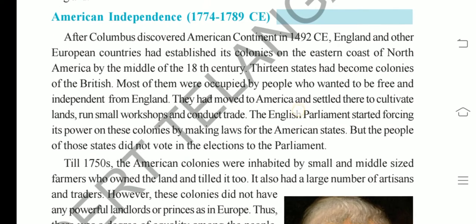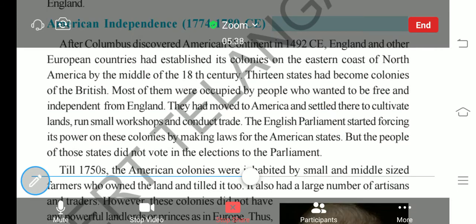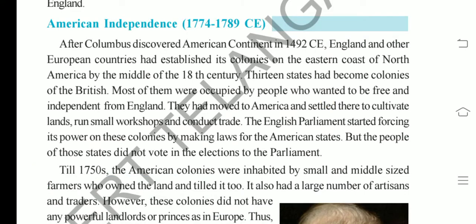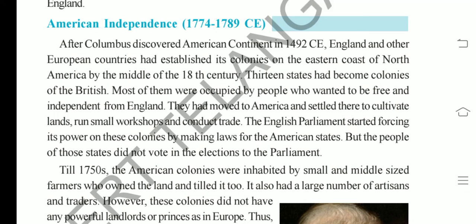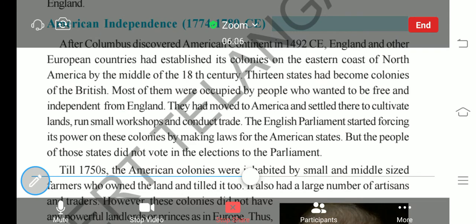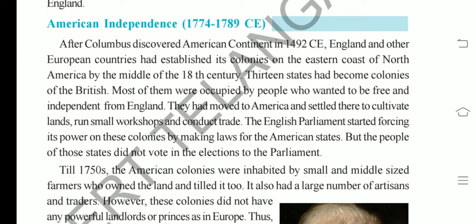In 1492, Columbus discovered the American continent. After this discovery, England and other European countries went to America and established their colonies, especially on the eastern coast of North America, by the middle of the 18th century.